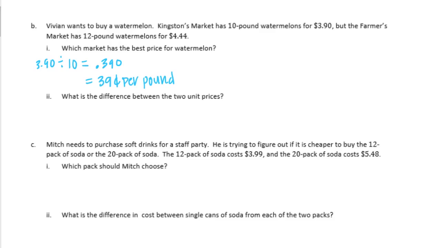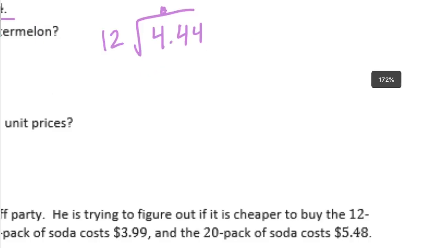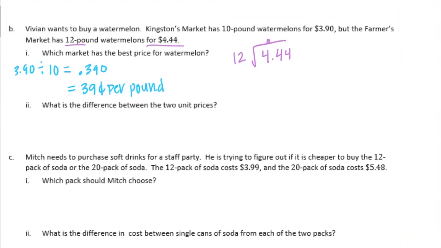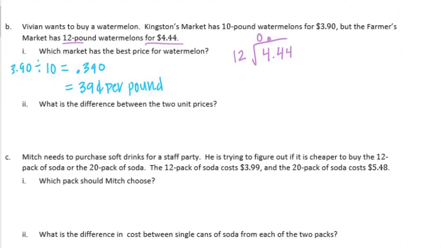The other one is 12 pounds for $4.44. So we're going to need to divide. Bring my decimal point up. 12 can't go into 4, but it can go into 44. Let's see, 12 times 4 is 48, so it goes in 3 times. 3 times 12 is 36. We subtract. 12 goes into 84.